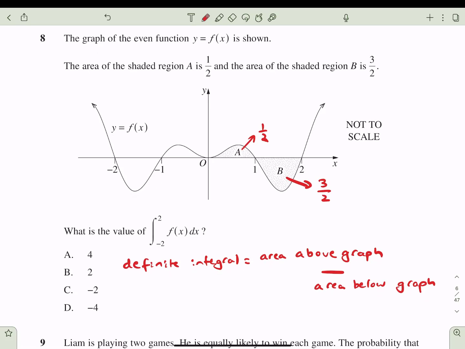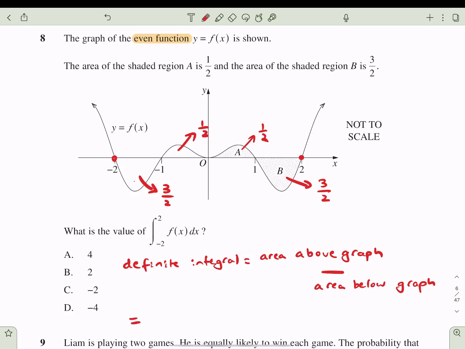So since we are concerned with the interval negative 2 to 2, we also need to find the areas of these two intervals. And luckily for us, remember how the question said it is an even function. If it's an even function, that means that the areas are the same. So this is half, and this is 3 on 2.